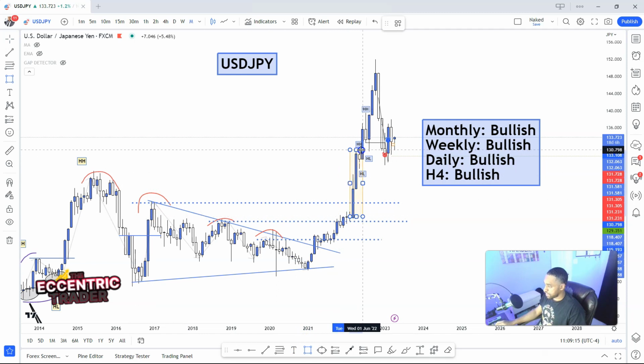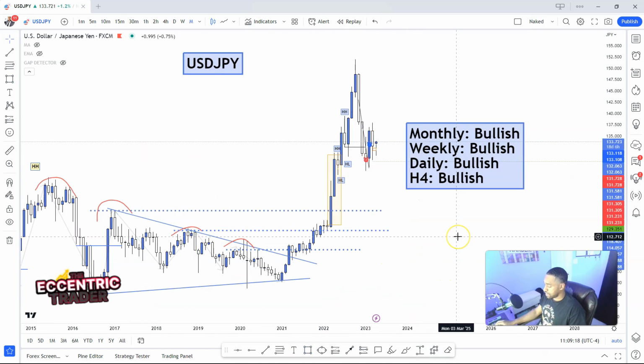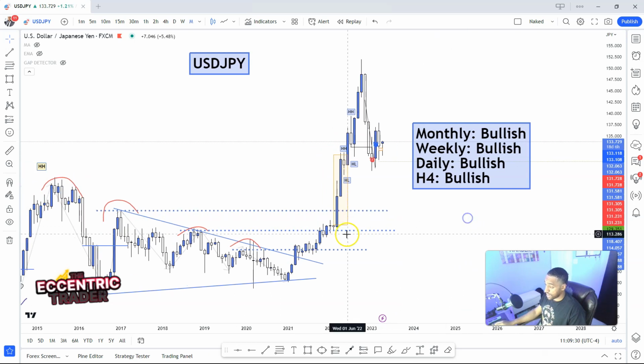But you're trying to figure out what candles broke this high to make it change the character, right? Now for me, I probably would have been looking down here because I want to get in at the bottom as much as possible.